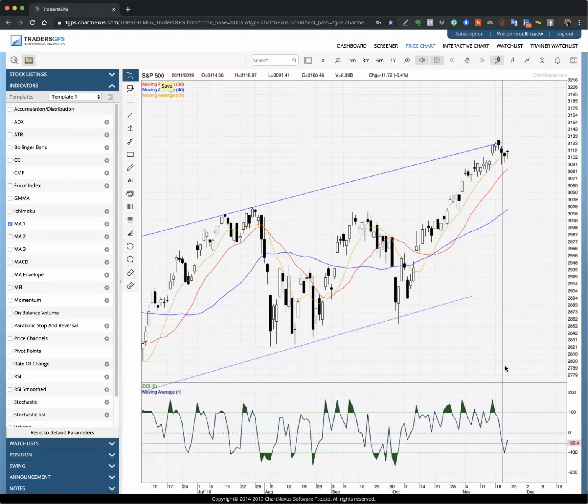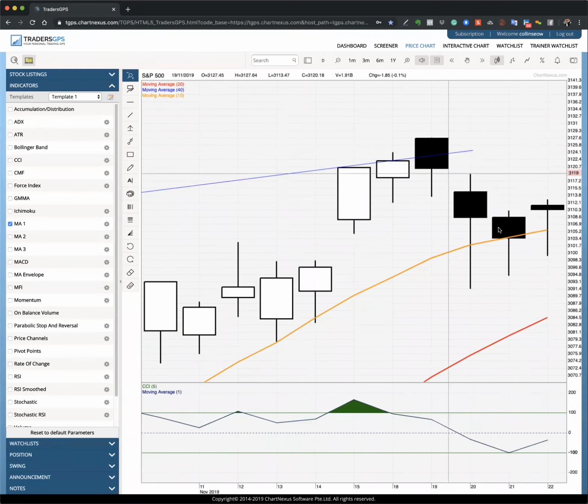But you can see from here, the CCI last week from very overbought, right now has gone into oversold, and right now it's rebounding from the oversold position, rebounding back to the swing again.